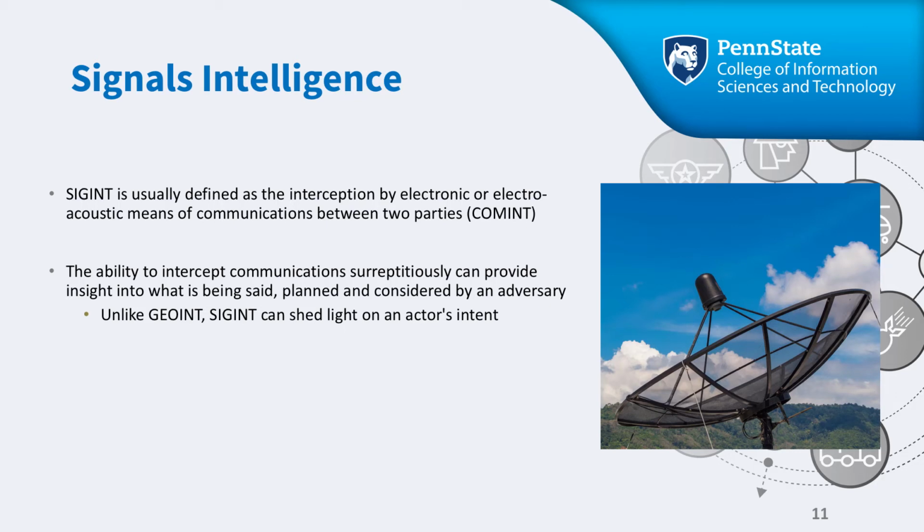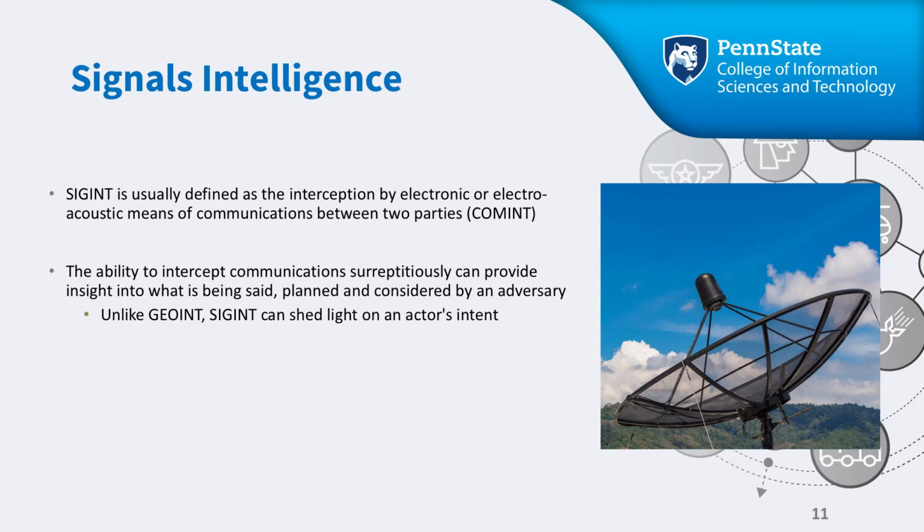SIGINT, or signals intelligence, can often provide very useful intelligence because the ability to intercept communications surreptitiously, that means secretly, can sometimes provide insight into what is being said, planned, and considered by an adversary. So unlike geospatial intelligence, which essentially provides a picture or a snapshot of something, signals intelligence can sometimes shed light onto the intent of an actor, such as a terrorist group.